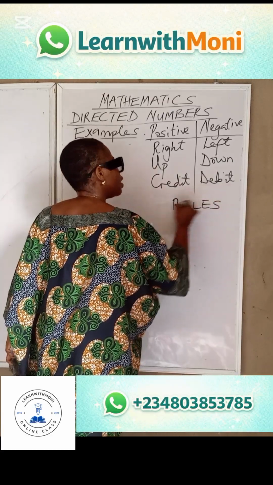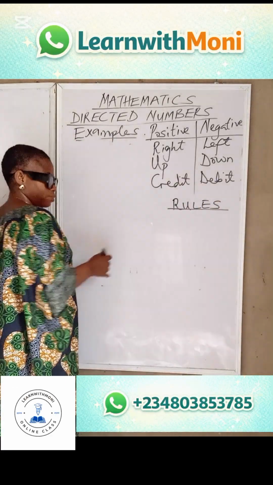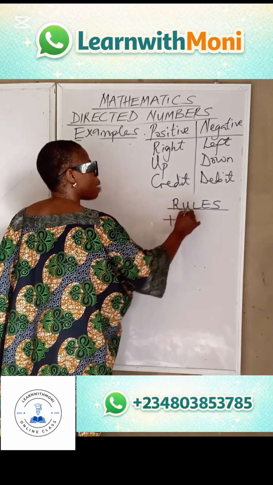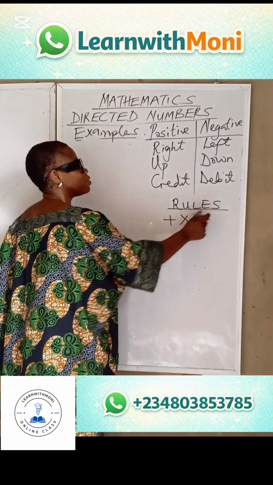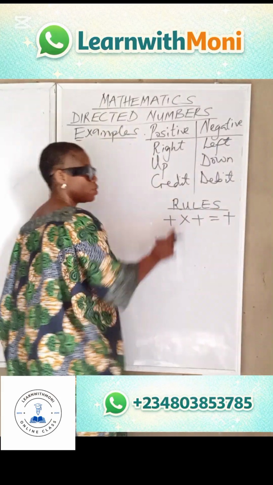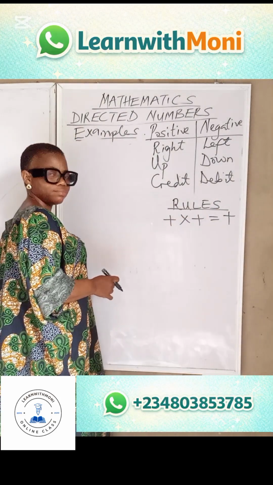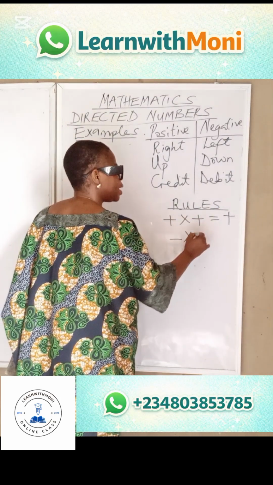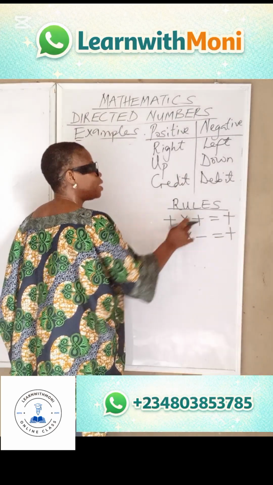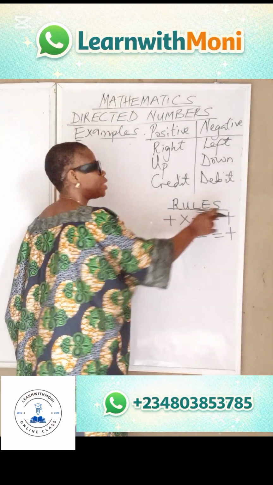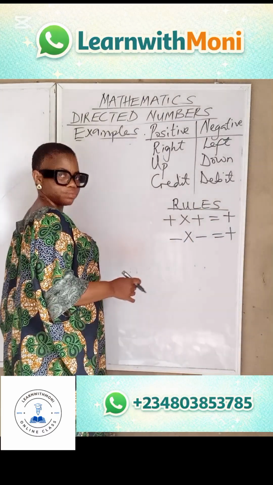Of multiplying or dividing directed numbers. When the signs you are multiplying are the same thing, positive multiplying positive, it is equal to positive. When the signs are the same, negative multiplying negative is also equal to positive. Once the signs are the same, the final result is positive.